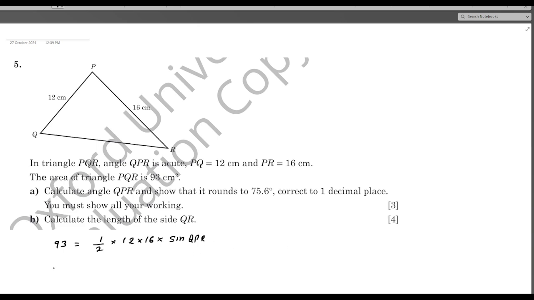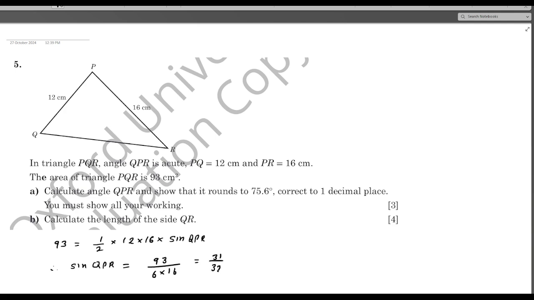Therefore, sine of QPR is equal to 93 divided by... this 2 and 12 will cancel, so it is 93 divided by 6 times 16. So 93 divided by 6 times 16, I get the answer 31 divided by 32.